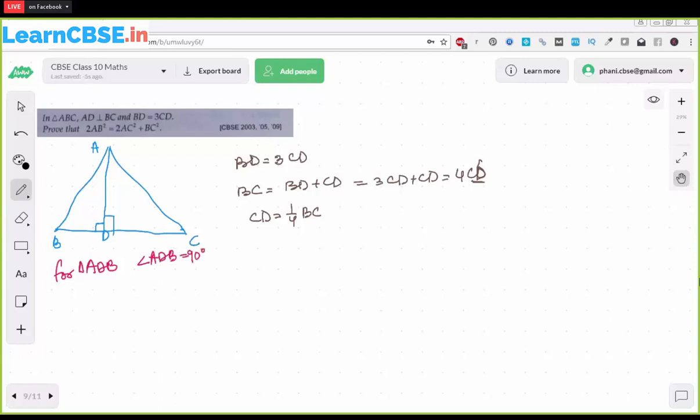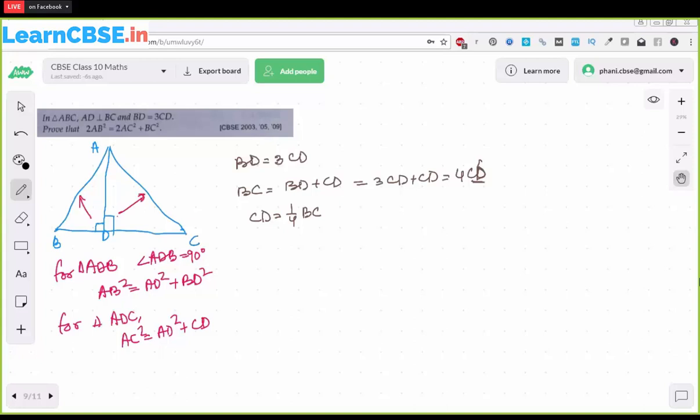So from there we can write AB square equals AD square plus BD square. And for the triangle ADC, we can write AC square equals AD square plus CD square, because this is the right angle, these two are hypotenuse.